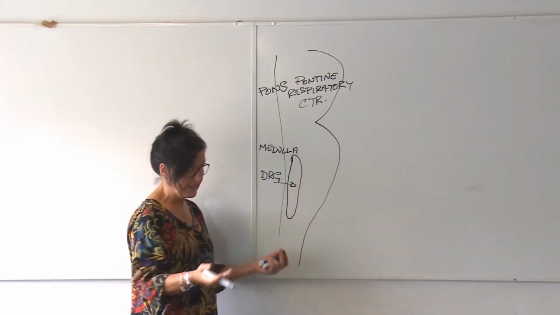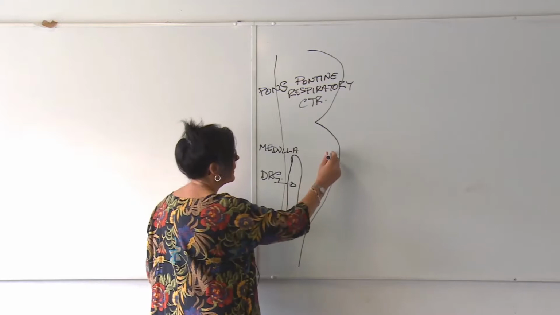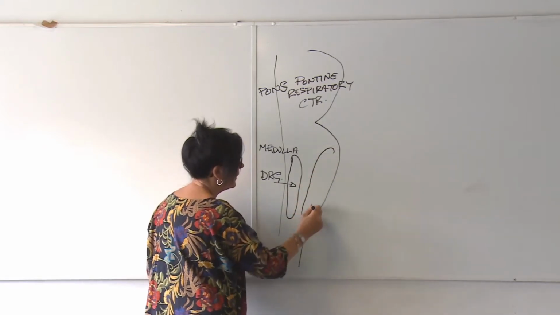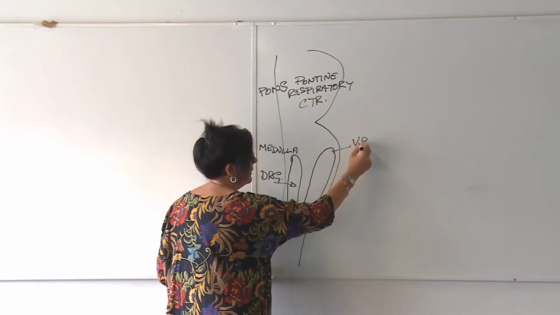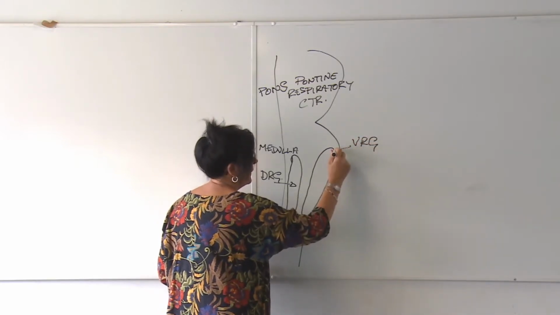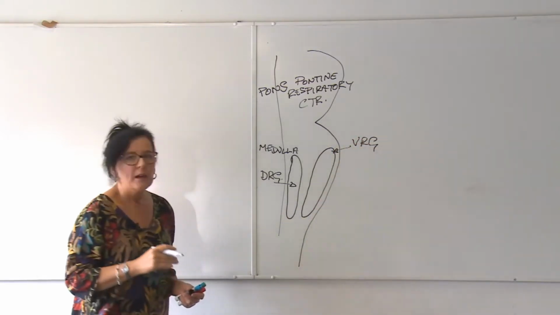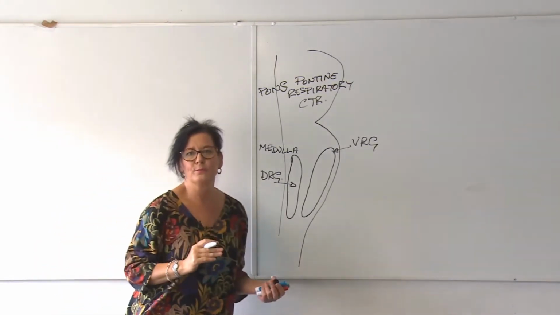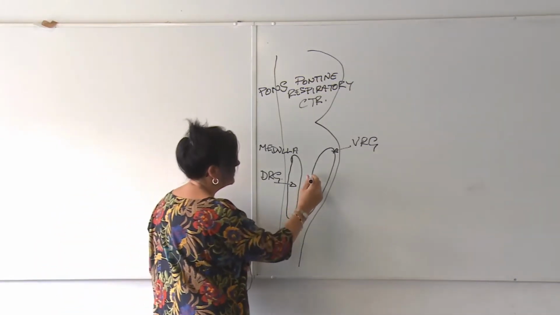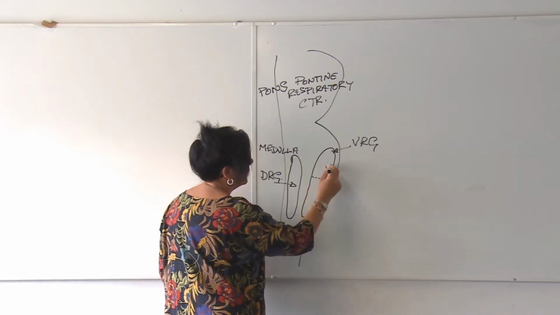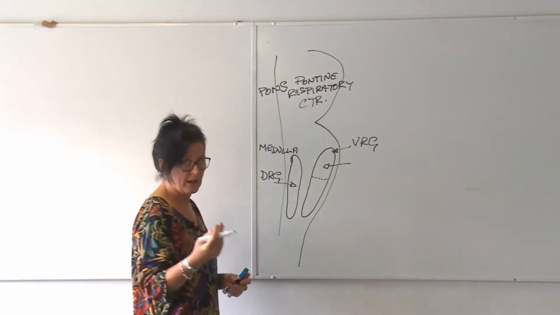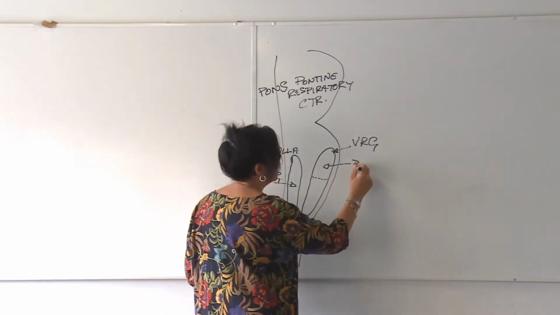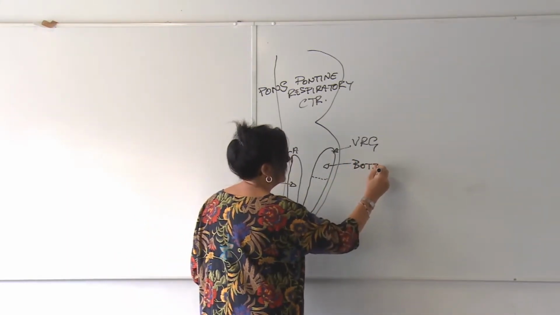So, of course, ventral, you'd expect it at the front. So here we have our ventral respiratory group, VRG. As we know, this is split into 2 parts. So at the top, we have the part known as the Bötzinger complex.